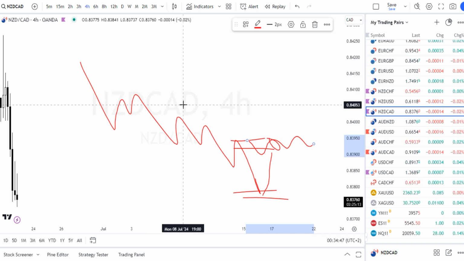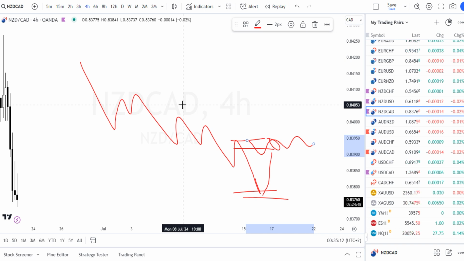You have to check that you are not buying into the daily supply if you are buying on the 4-hour chart, or if you are selling on the 4-hour chart, that there is no daily demand.